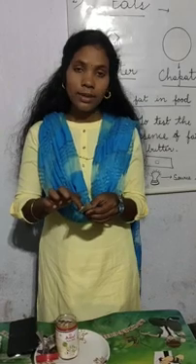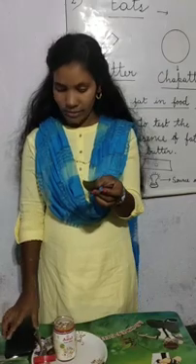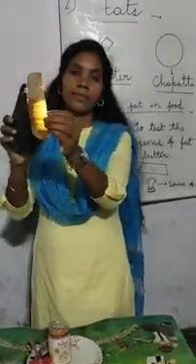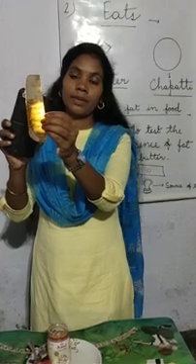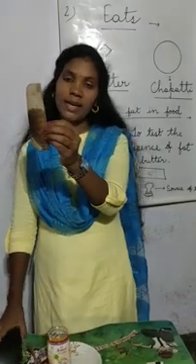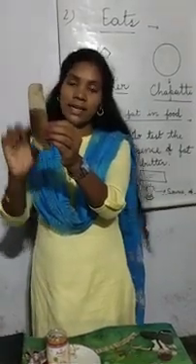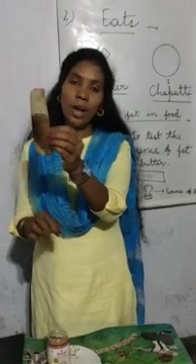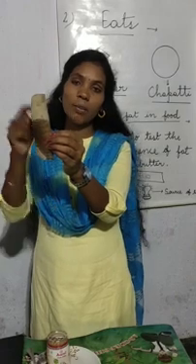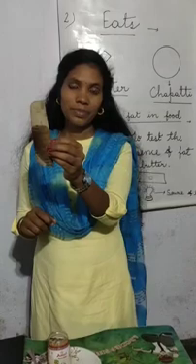Then we take this paper in front of a source of light. What do we notice? We notice a greasy patch or a translucent patch in the center of the brown paper. This shows the presence of fat in butter. Is it clear? Okay.